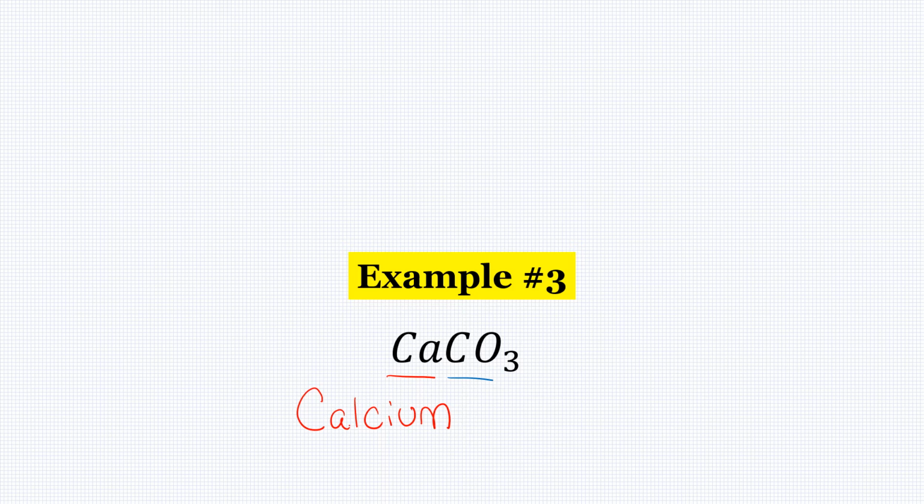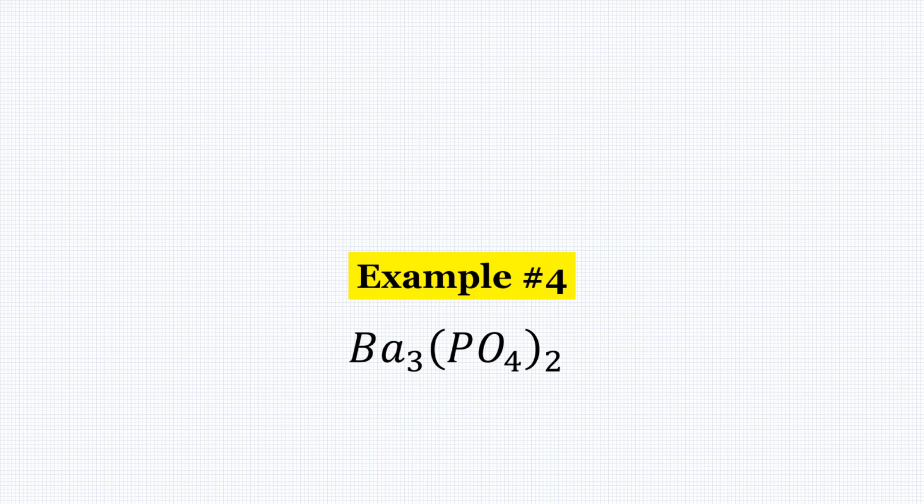And the second part of this is going to be carbonate. One last example. So even though there's a 3 here, doesn't matter. This is still barium. Same thing on the second part, even though there's a 2 here, this is still phosphate.